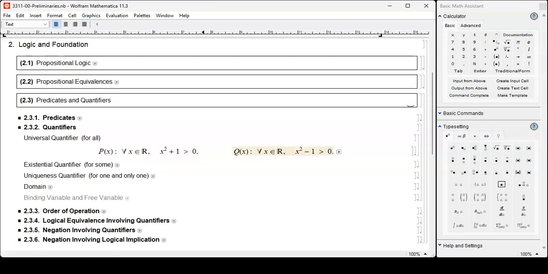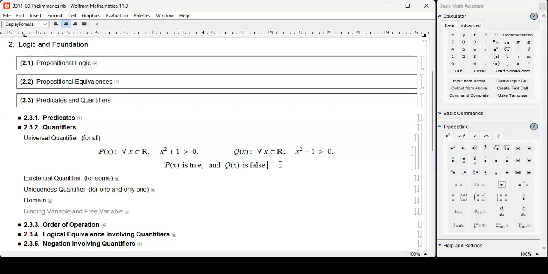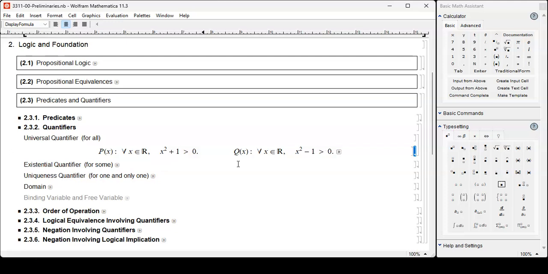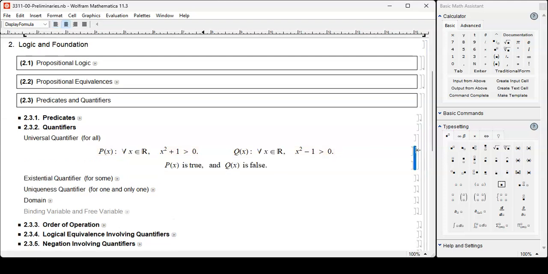X squared minus 1, that's not true for all real numbers. If x is 0, for example, this is not true. You see, P of x is true, Q of x is false. If you consider only this is true, or that is true, well, it depends upon your x value. But if you include this universal quantifier, then you're going to get truth or false of the entire predicate.